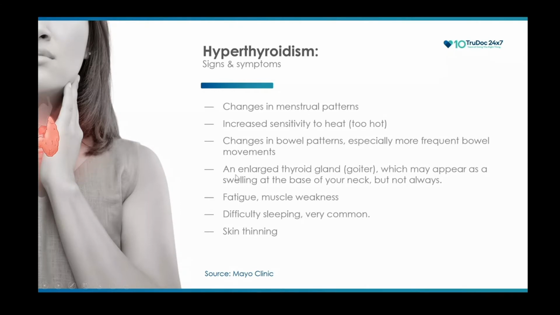Now, if you look here, the enlarged thyroid, if we go back to the thyroid axis as I was showing you before, when we say there's an enlarged thyroid, which is a goiter, it can happen both in hypothyroidism as well as hyperthyroidism. Why? You see this thyroid here.